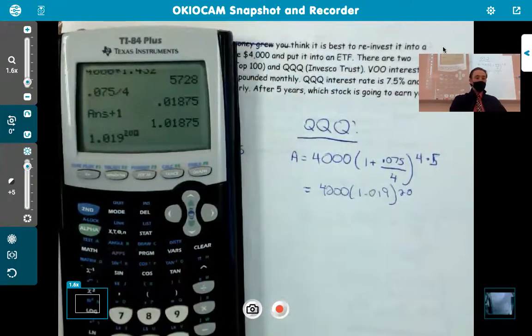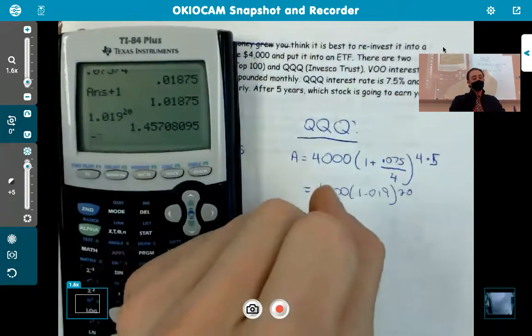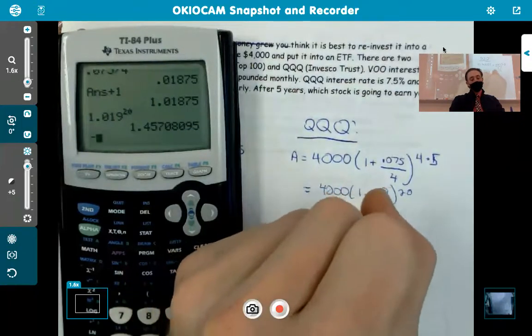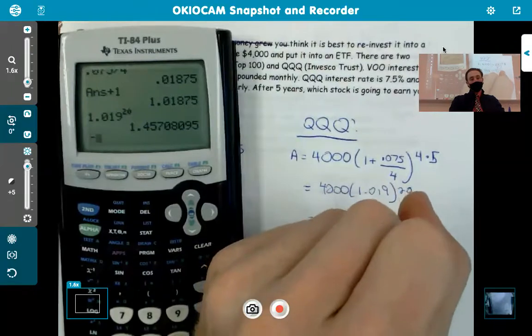When I plug that in, so 1.019 to the 20th power, I get 1.457095. If I round that to the nearest thousandth, what's going to be that value? 1.457.